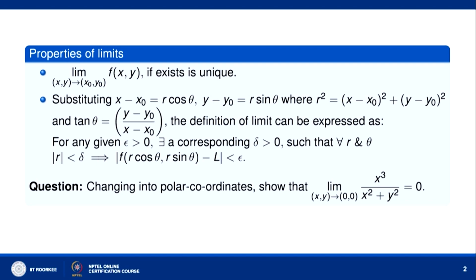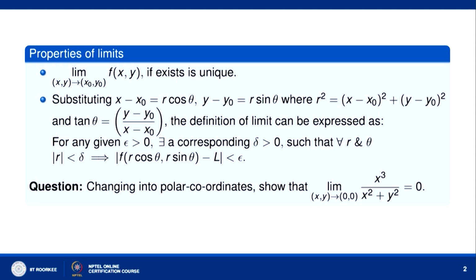That means we substitute x minus x naught equal to r cos theta, y minus y naught equal to r sin theta, where r square is equal to (x minus x naught) whole square plus (y minus y naught) whole square, and tan theta is equal to y minus y naught upon x minus x naught. That can easily be obtained if you divide the two expressions, then we obtain tan theta equal to y minus y naught upon x minus x naught.